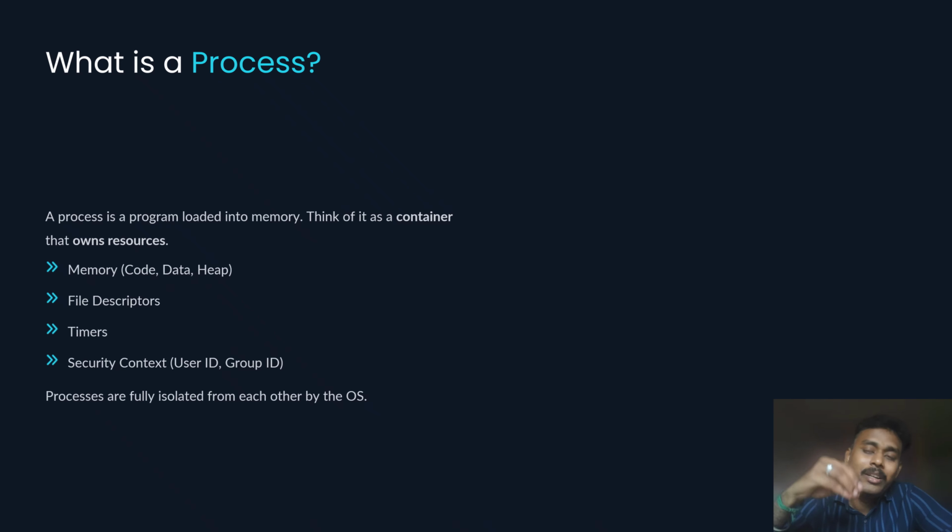Inside a container you can have multiple resources. That is why we commonly say a process owns resources. Inside that we will have the code, data, that is the memory segment, and file descriptors, timers, and security context. These data are getting loaded onto the resources part.